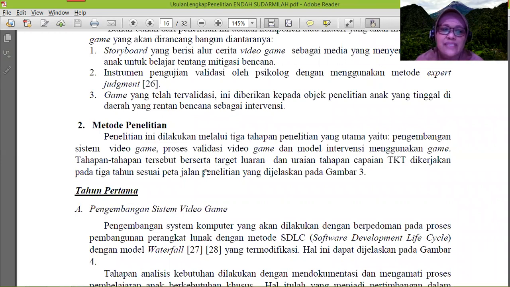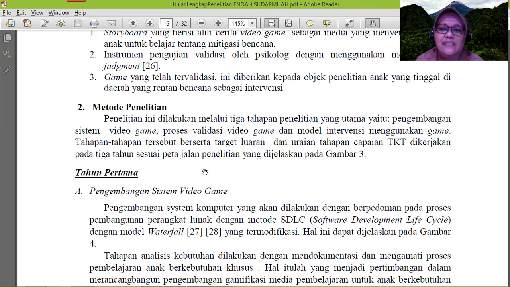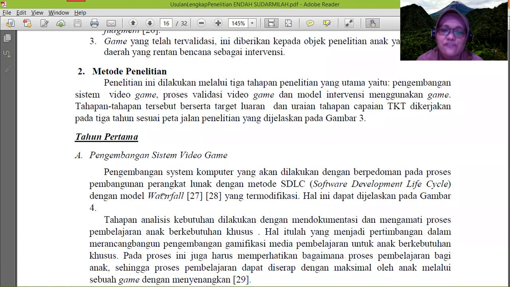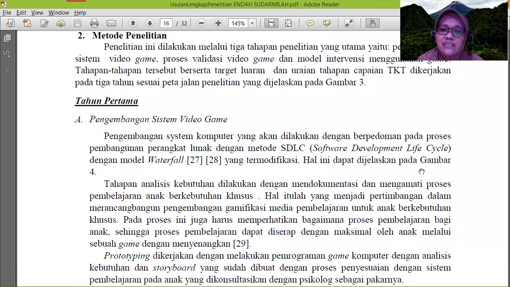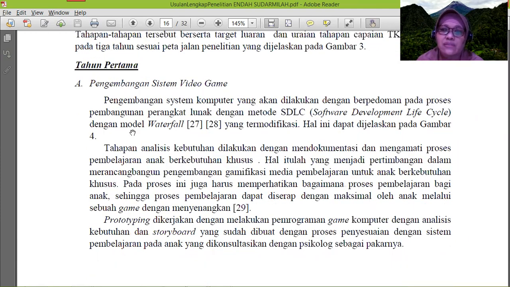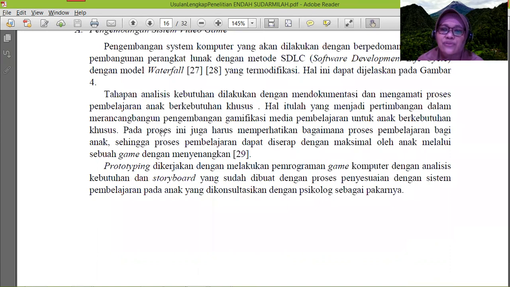So she made the detail step by step for every year. The first year, I will conduct with SDLC, especially modified waterfall.